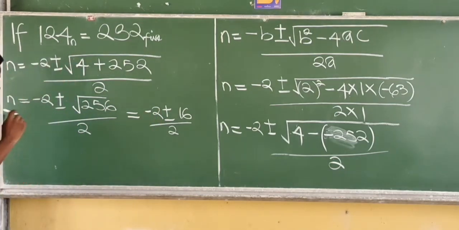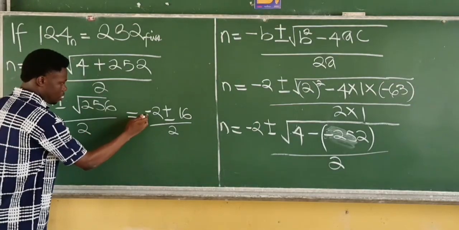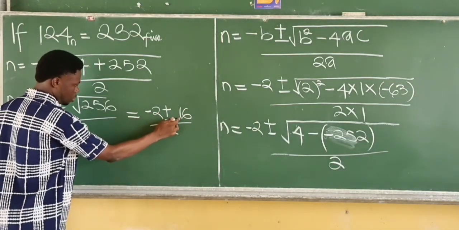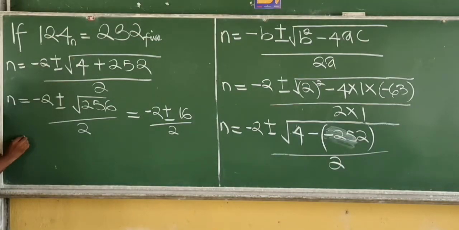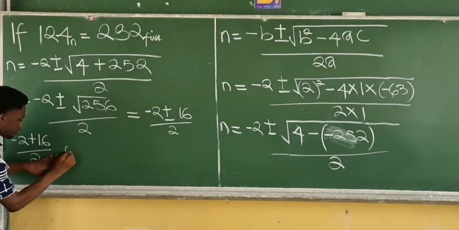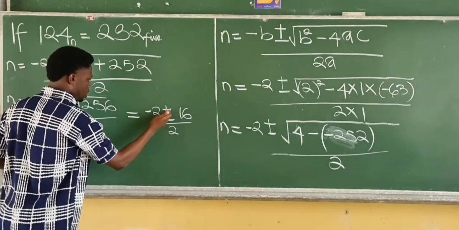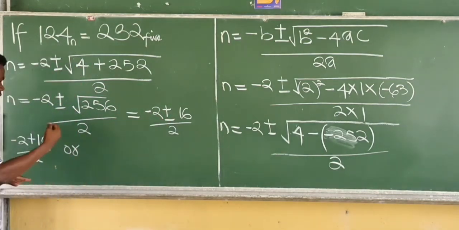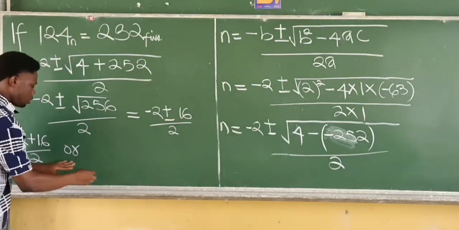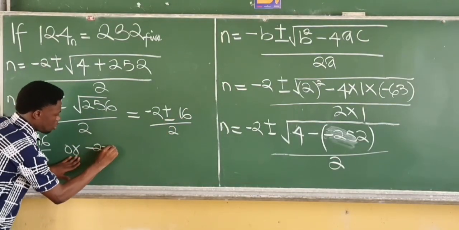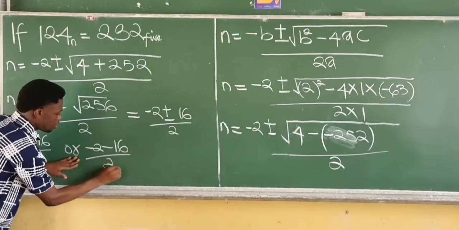That is to say, to get the first root, it will become minus 2 plus 16 all divided by 2. Or then we disregard the positive sign and use just the negative sign to obtain the second root, which is minus 2 minus 16 all divided by 2.